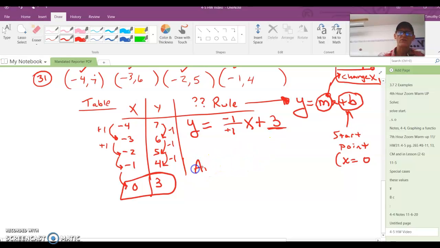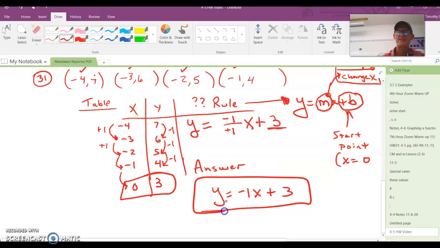So the answer to number 31 is y equals negative 1x plus 3. That's the rule that these ordered pairs will follow. Like negative 1 times negative 4 plus 3 is 7. Negative 1 times negative 3 plus 3 is 6, and so on.